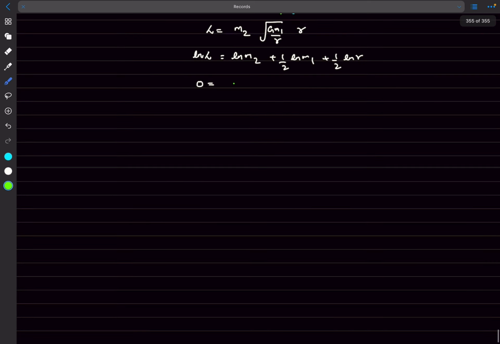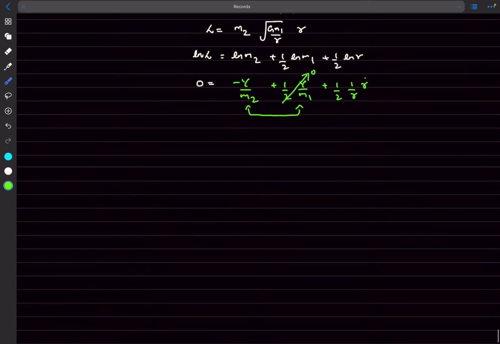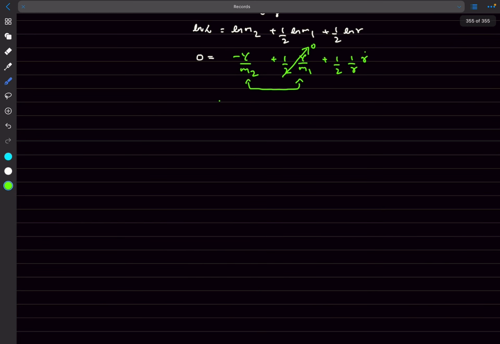So we have negative gamma divided by M2, plus half of M1 dot, which is gamma over M1, plus half of 1 by r times r dot. Now out of these terms, we'll neglect the insignificant term, which in this case is gamma over M1, because M1 is significantly larger than M2. So from here, r dot over r is coming out to be plus 2 gamma over M2.